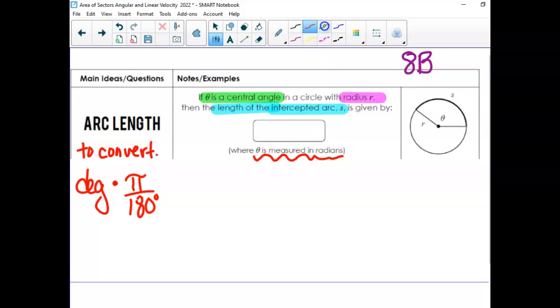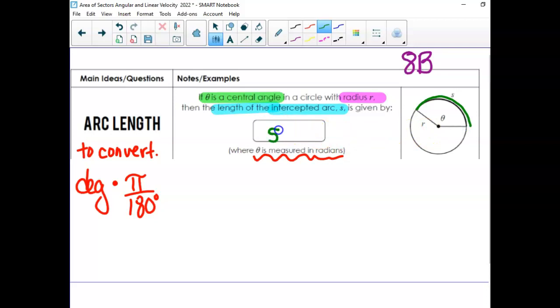Okay, the formula here, R is the radius, and S, and these are not defined on your formula sheet. You have to know what they are, okay? S is the arc length. The distance along the arc. It's a piece of the circumference. Does that sound familiar? Okay.